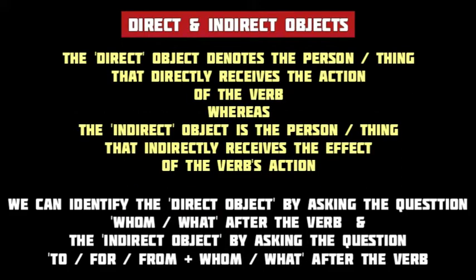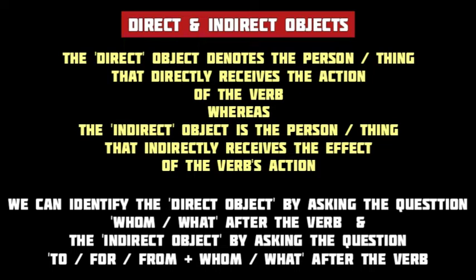As I told you earlier, a ditransitive verb has a direct object and an indirect object in a sentence. We also know that an object receives the action of the verb in a sentence. It's either a noun or a pronoun, denoting a person or a thing. But then, what are direct and indirect objects in English grammar?